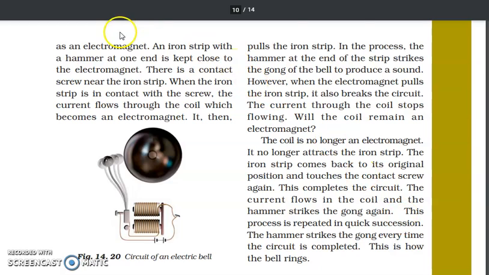An iron strip with a hammer at the end is kept close to the electromagnet. There is a contact screw near the iron strip. When the iron strip is in contact with the screw, the current flows through the coil, which becomes an electromagnet.